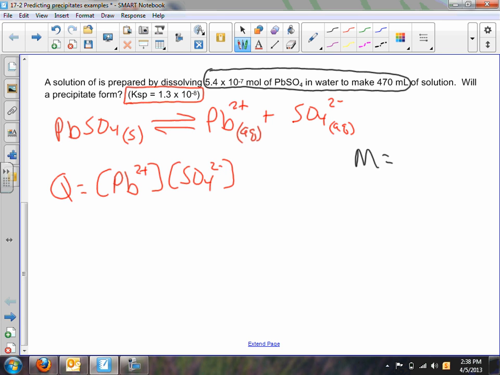In this case, they already gave me the moles, 5.4 times 10 to the negative 7 moles. If I divide that by my liters, which is 0.470 liters, I get a concentration of 1.15 times 10 to the negative 6 molar, and that's the concentration of the lead sulfate.